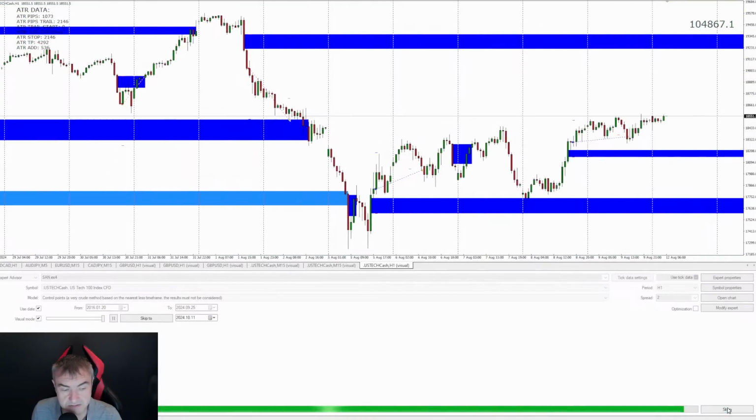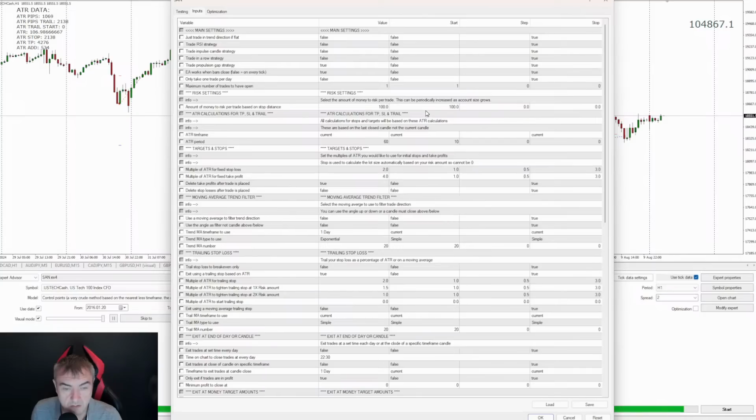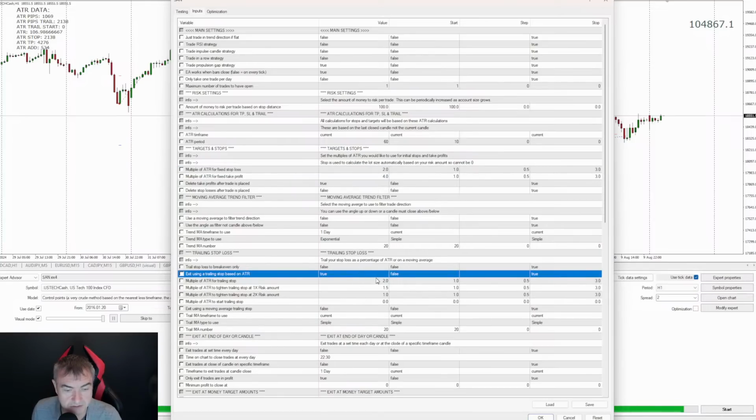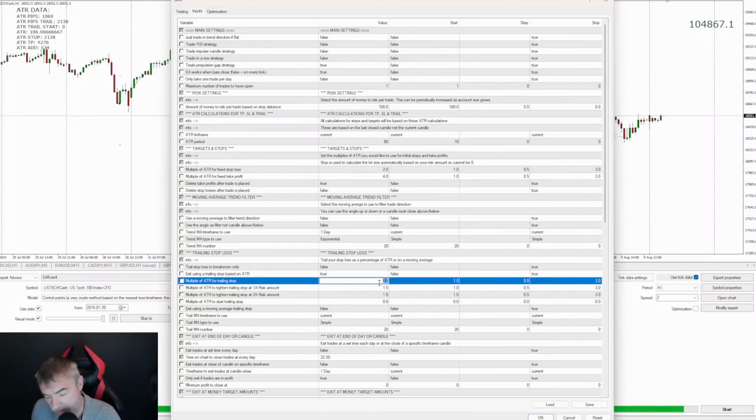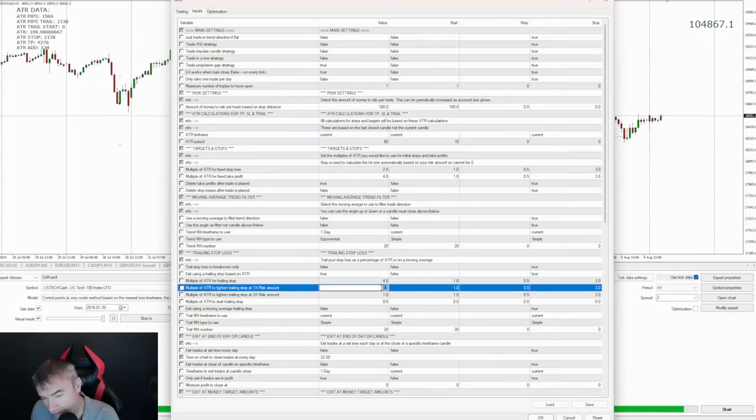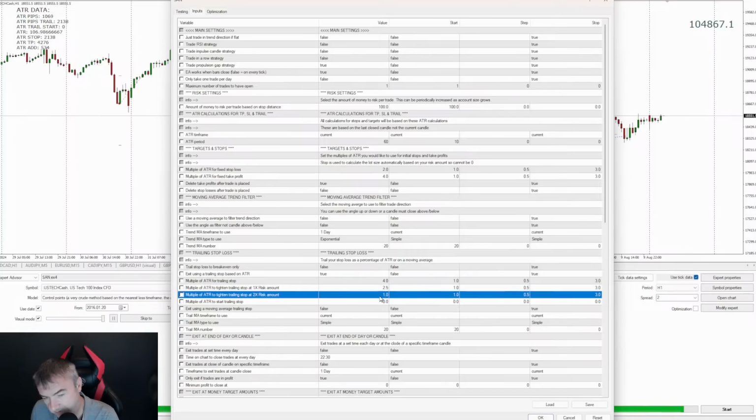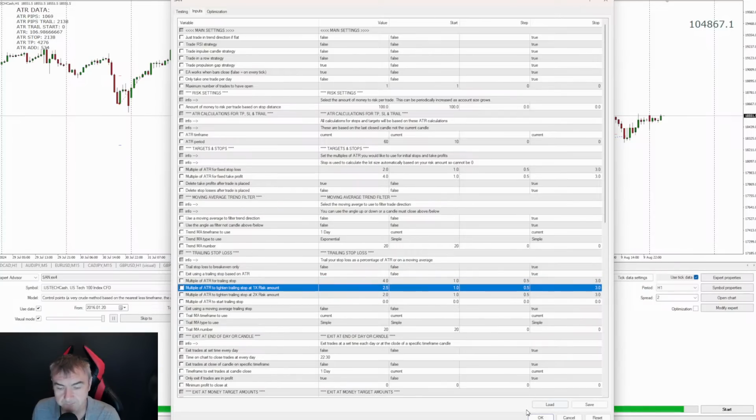So all that's doing is, hourly time frame. We're removing the TP and we're using a trailing stop of 2 ATR. That might be too tight, so I'm going to try a 4, a 2.5 and a 2.